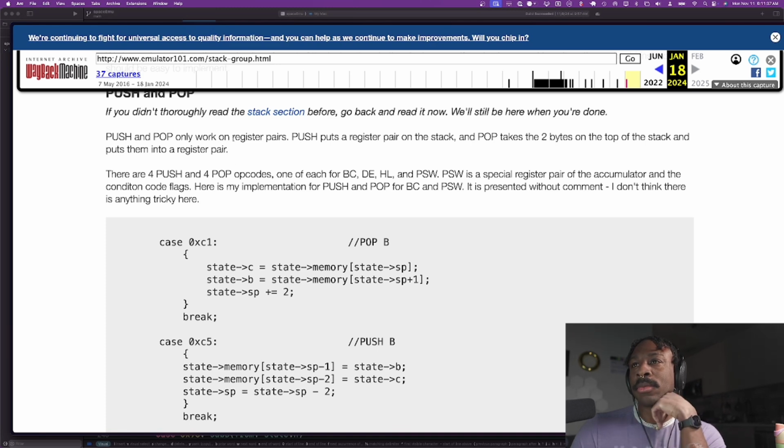Push and pop only work on register pairs. Push puts a register pair on the stack. Pop takes 2 bytes off the stack and then puts them into a register pair. Therefore, there are push and pop opcodes for each register pair.